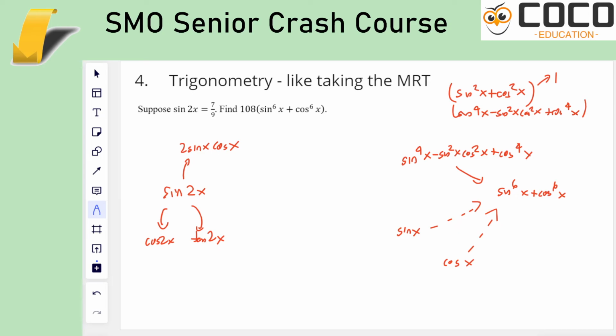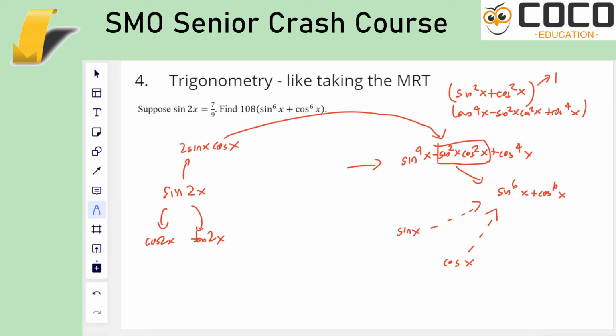Now, if you want to find the one on top, you realize that, okay, sine squared cosine squared comes from here. And sine to the 4x plus cosine to the 4x, you can get that by squaring sine squared plus cosine squared and adjusting.